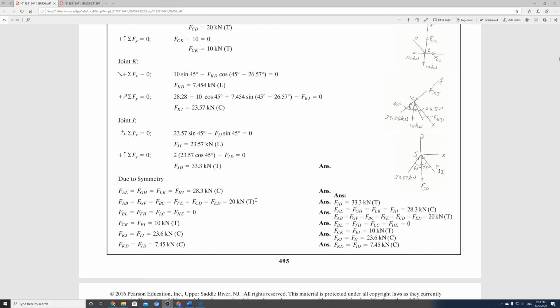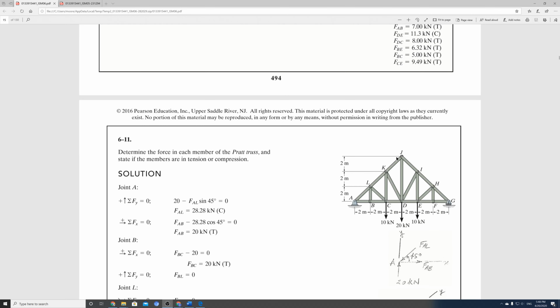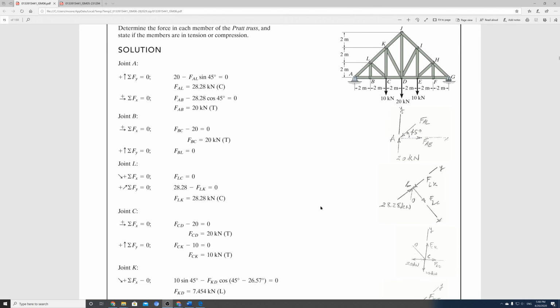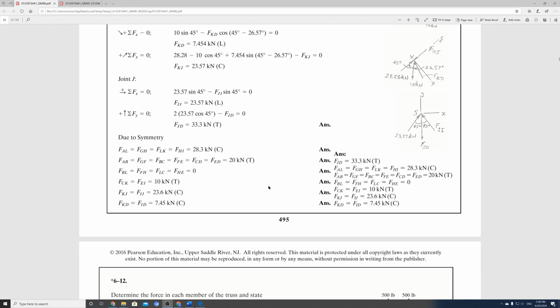Now, due to symmetry, we did half of them. We did the left side over here, and we had these two zero force members. Now what we can do is use symmetry and substitute for everything else. We already had half of them, and then we just come up with the other half. Zero force members are the same, of course, on the other side.